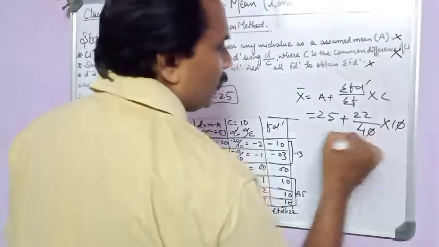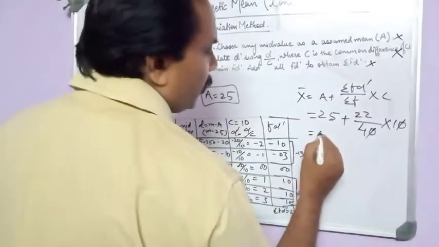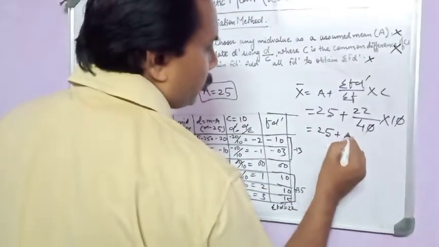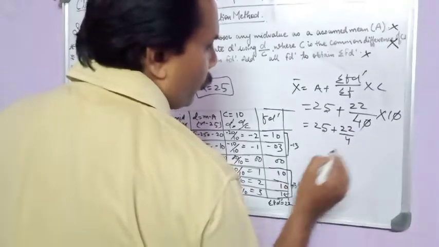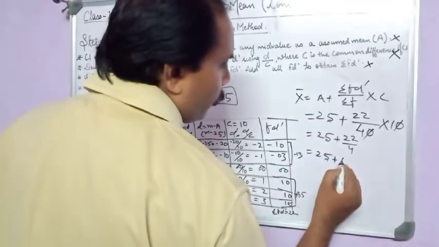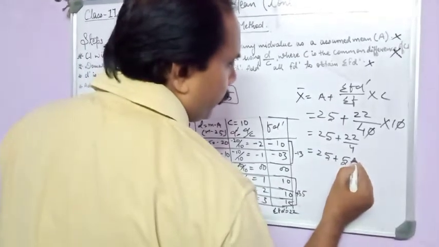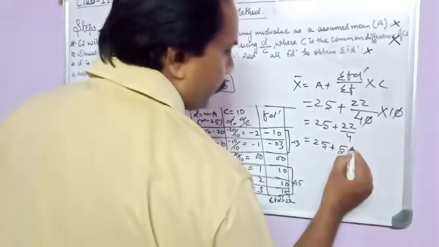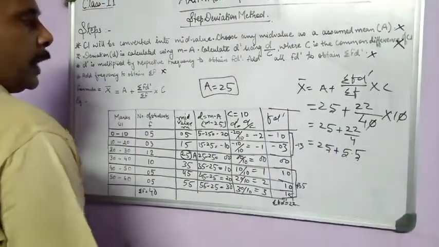Now it is so easy. Now 25 plus 22 by 4 is equal to 25 plus 5.5. Okay?